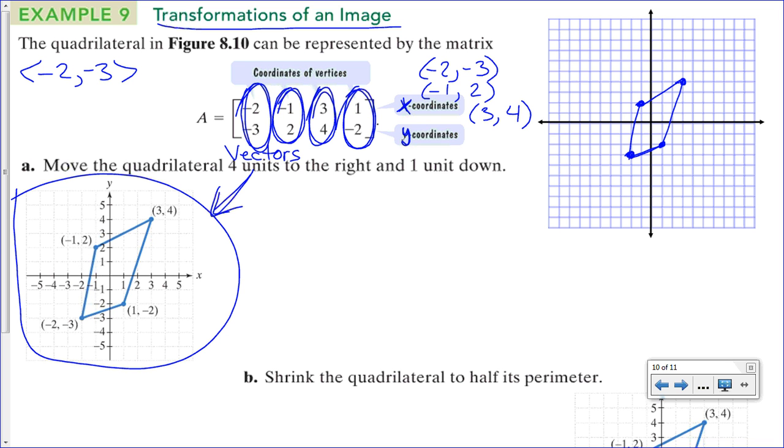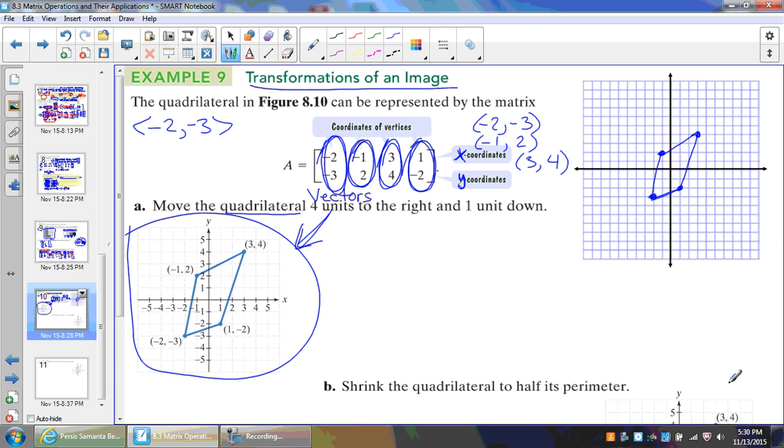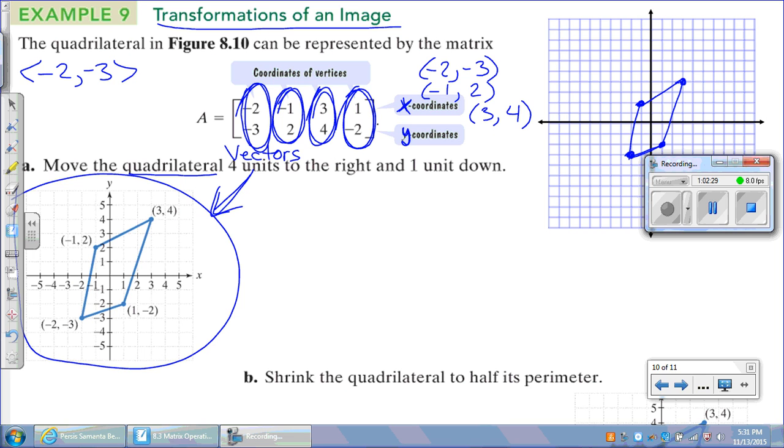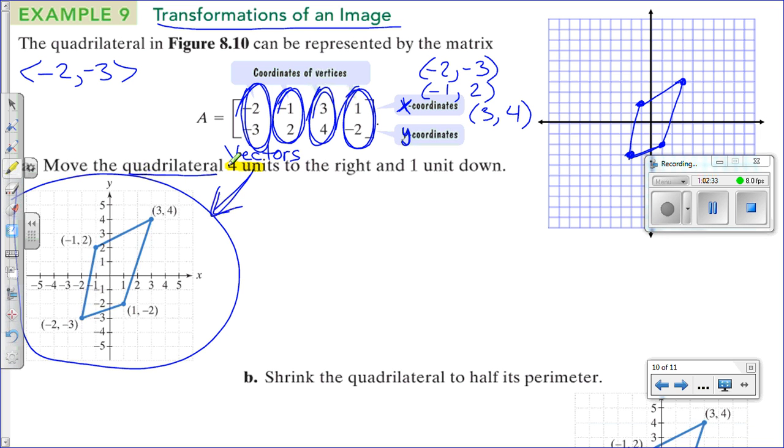Now, what we're going to do is move the quadrilateral 4 units to the right and 1 unit down. 4 units right, 1 unit down.